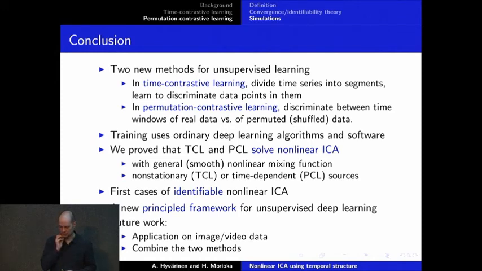Perhaps we actually need to use some tricks like that to make the classification task difficult enough. Then of course there's a number of parameters here, like the length of the segments in TCL or the length of the window in PCL and so on. And presumably we would need to figure out such values of the parameters that the classification task is not too easy. Yes, I think that is probably going to be a valid point in practical applications.